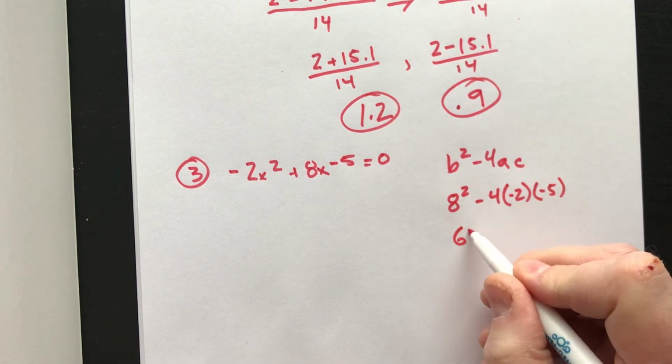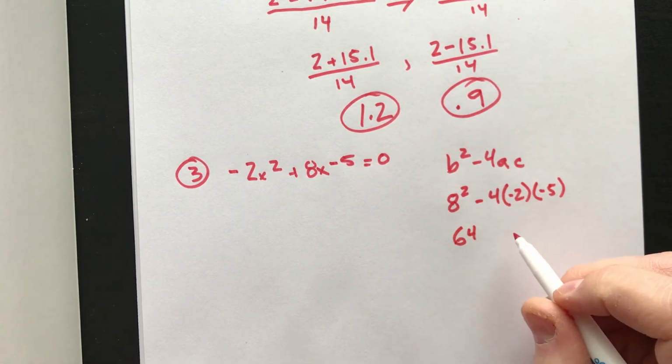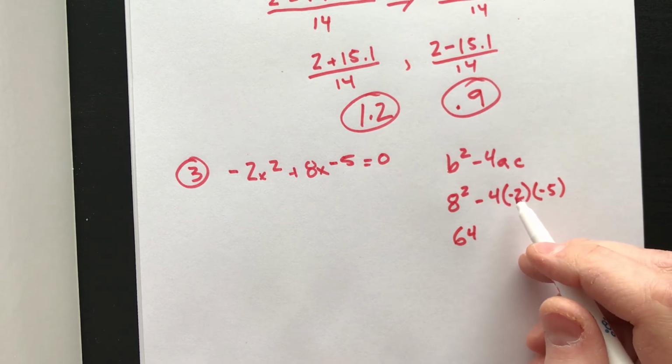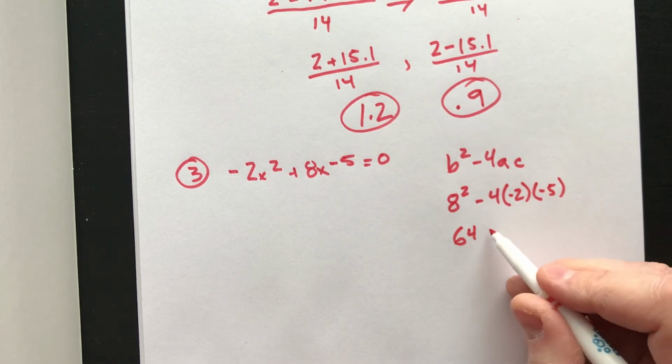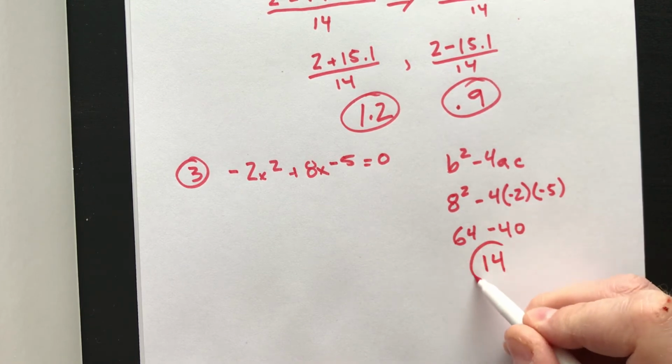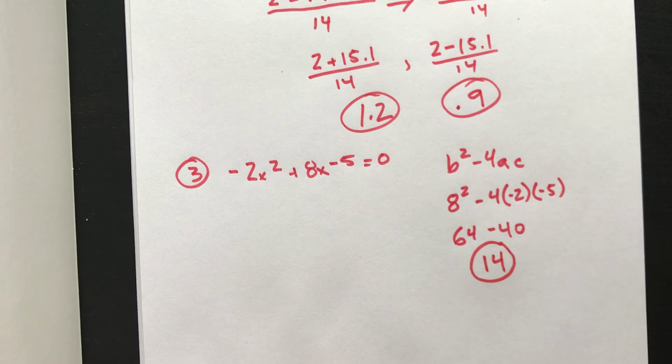So we have 64, all right? -4 times a -2 is +8. +8 times -5 is -40. So we have 24.